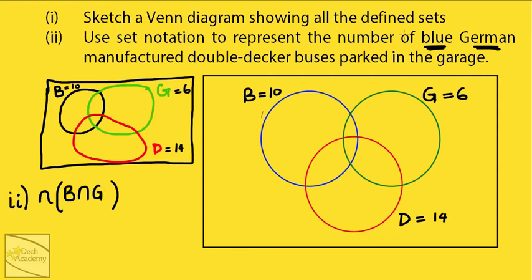But of course, we're told the number of blue German manufactured double-decker buses. So the buses must also be double-decker buses, meaning I need to rewrite this as n of blue and German manufactured and double-decker buses, meaning how many buses are in the intersection of the 3 sets, in this region here.